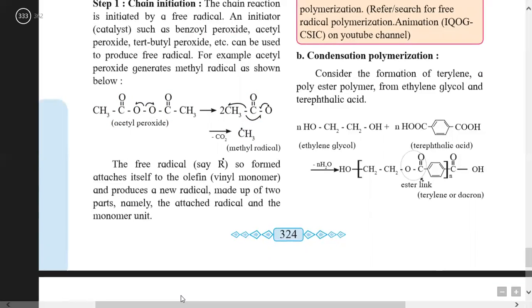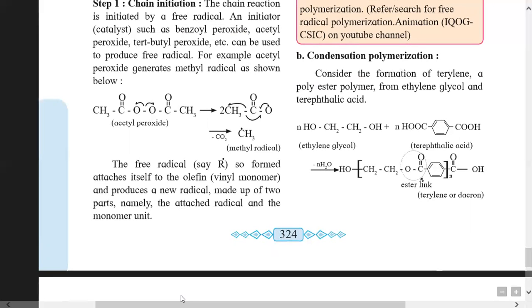The bond between oxygen and oxygen breaks homolytically, meaning the two electrons present between the oxygen-oxygen bond get divided symmetrically and the radical is formed. This radical is called an acetyl free radical. It is unstable. It immediately loses a CO2 molecule and a methyl free radical is formed.